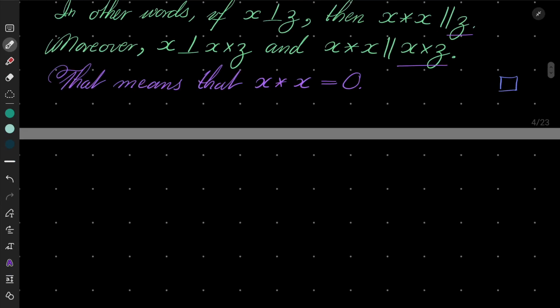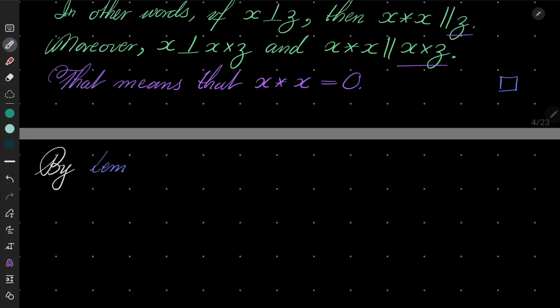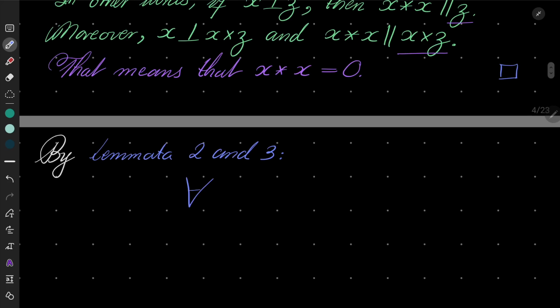So we are done with our lemmata, and now by lemmata 1, 2 and 3, by lemmata 2 and 3, we know that for every element x in our group, x star x equals the neutral element.